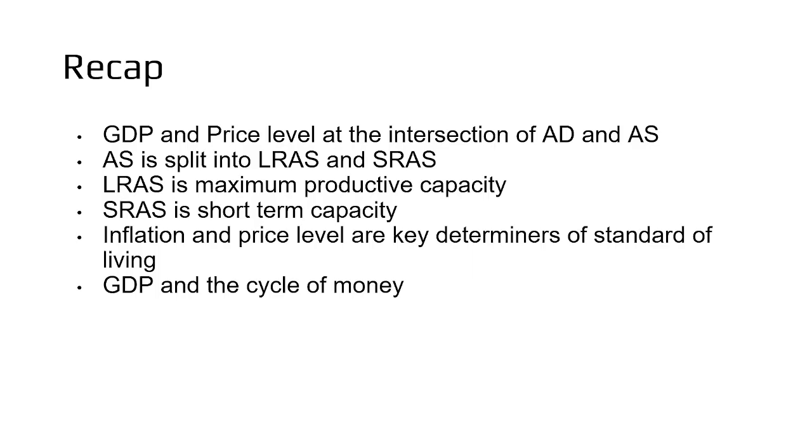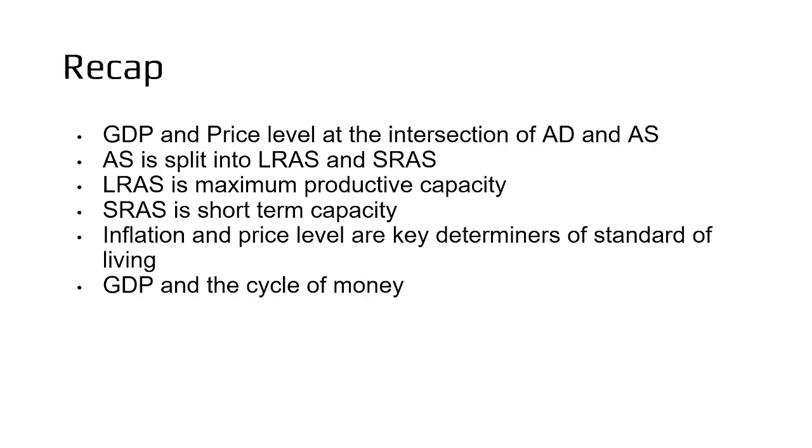And finally, we have the gross domestic product and the cycle of money. So GDP is generally considered a measure of the amount of money flowing through the economy, and this is calculated through the cycle of money.